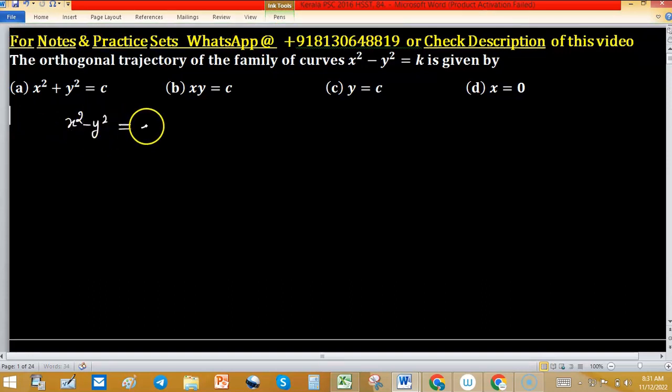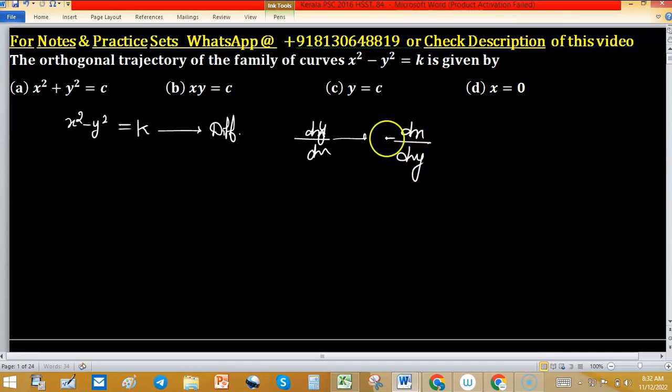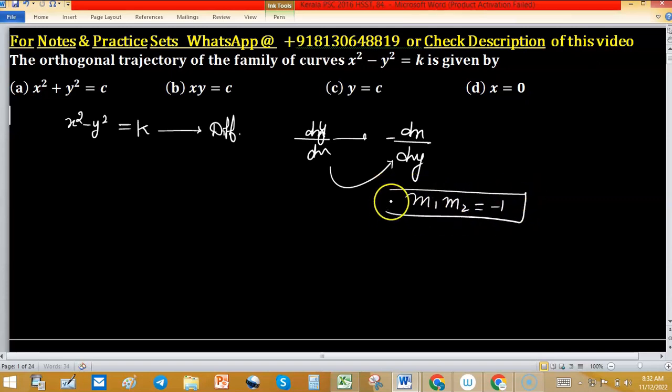The procedure to find the orthogonal trajectory: first differentiate the family of curves equation and replace dy over dx with minus dx over dy, because if two curves are orthogonal, their slopes have the relation m1 into m2 equals minus 1, if m1 and m2 represent the slopes of different curves, and eliminate the arbitrary constant using the previous equations.